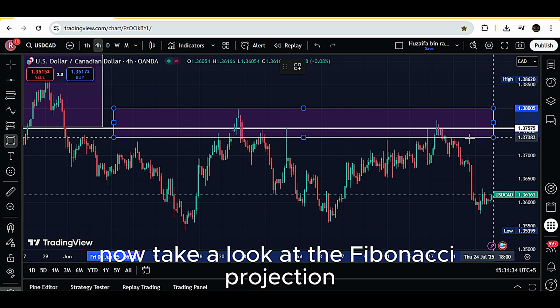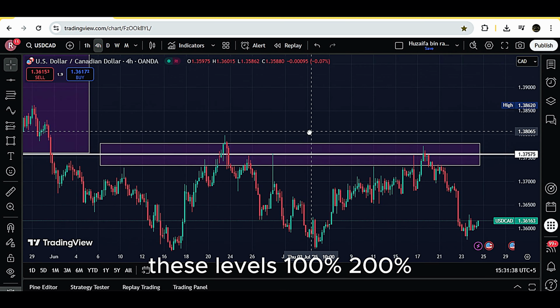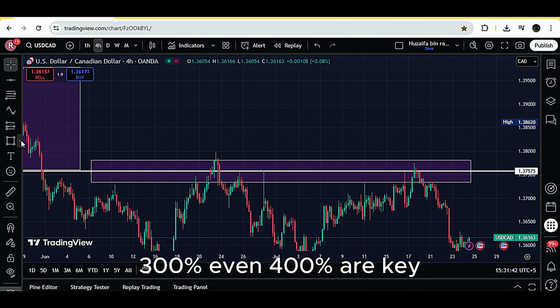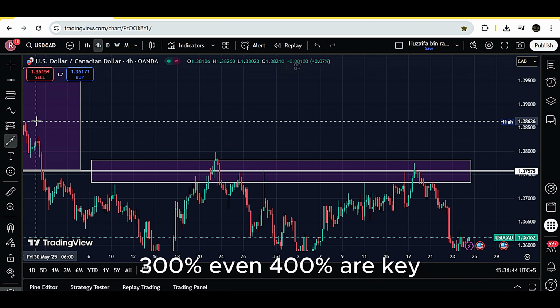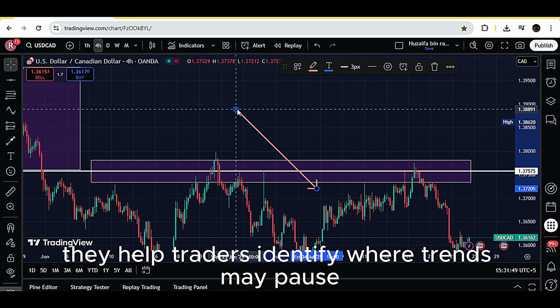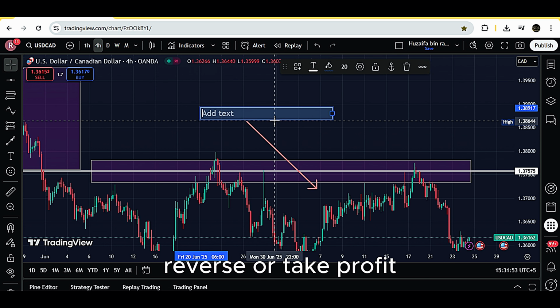Now take a look at the Fibonacci projection levels marked across the chart. These levels, 100%, 200%, 300%, even 400%, are key extension targets based on previous swing measurements. They help traders identify where trends may pause, reverse, or take profit.